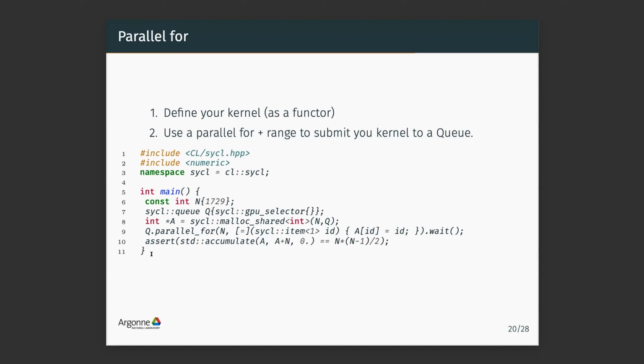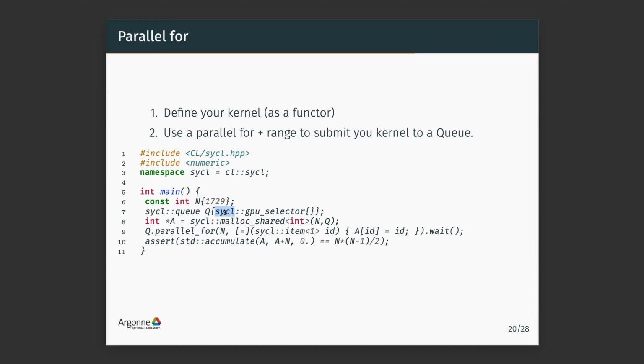So here is the first kernel we execute on the GPUs. Maybe as a difference from Kokkos, because I show Kokkos here, in Kokkos you have these execution policies that you pass in your parallel for. It doesn't work like this in SYCL, as you see. In SYCL, you just ask for devices, and you take these devices and you create a queue. So if your device is a CPU, it will execute on the CPU.